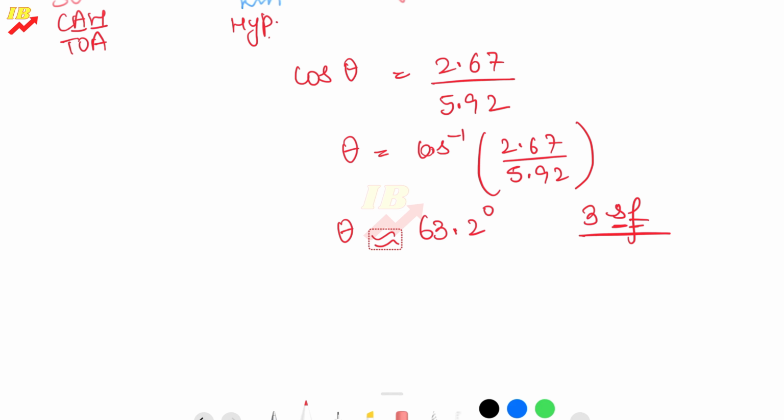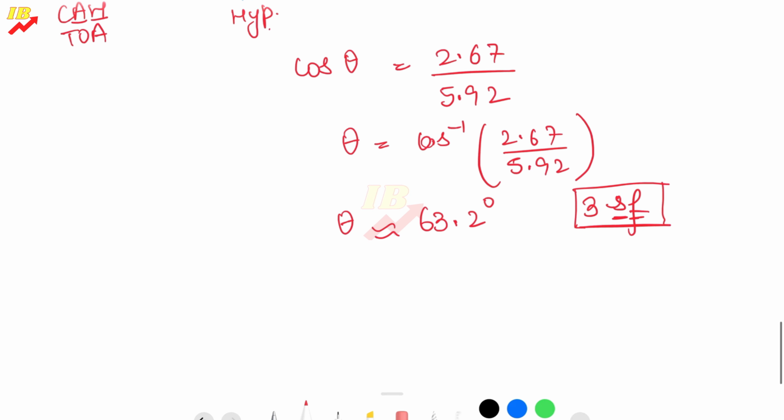And mostly in trigonometric ratios, whenever we are solving trigonometry, you're always supposed to write your answer in three significant figures, whether it is a part of true bearing, whether it is a part of 3D, anything. That is the obvious thing here that you need to write. And many international exams also refer to the same thing. So always remember to write your solutions in three significant figures.